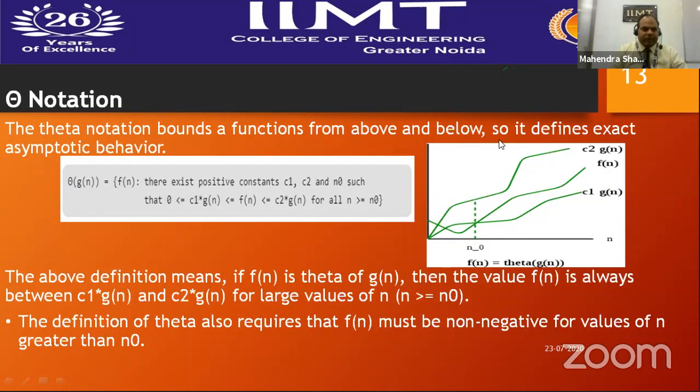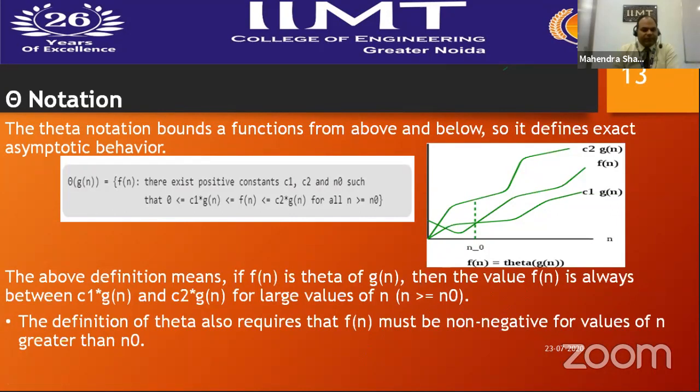So its definition as asymptotic behavior: f of n equals theta of g of n if there exist positive constants c1, c2 and n0 such that 0 is less than or equal to c1 g of n, which is less than or equal to f of n, and f of n is less than or equal to c2 g of n for all n greater than or equal to n0.